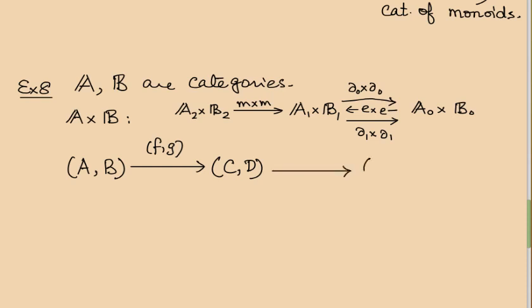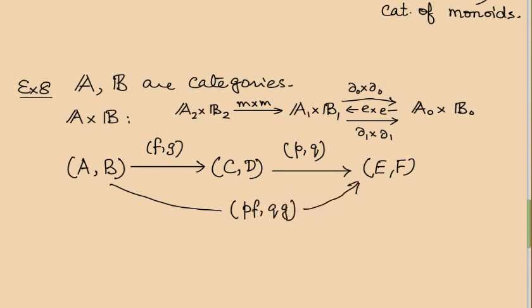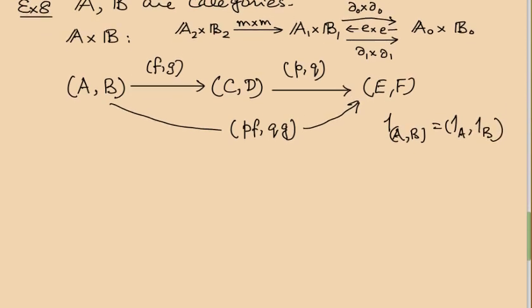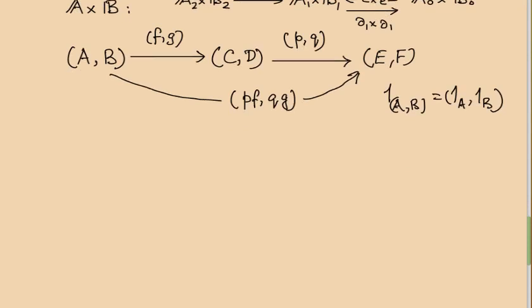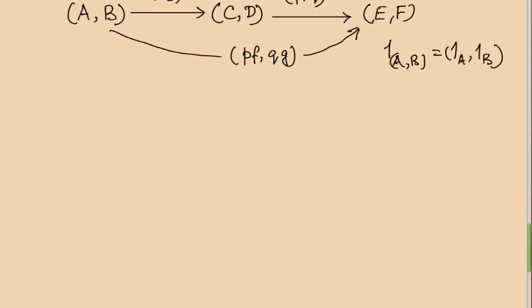And composition is just component wise. And the identity of (A, B) is identity of A and identity of B, that's the meaning of this. Okay, so that's the category. We can check. But what is more interesting is that from this category there are two nice functors.